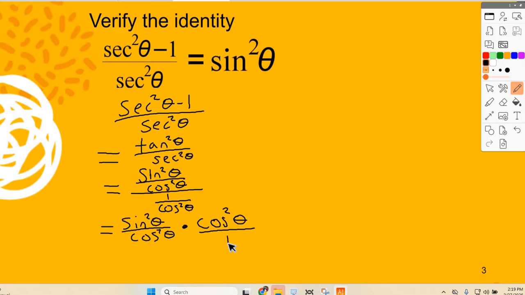So now, what happens? Cosine reduced. Yeah, and what are we left with? Sine squared theta. Which is what we wanted, because that's what we have on the other side.